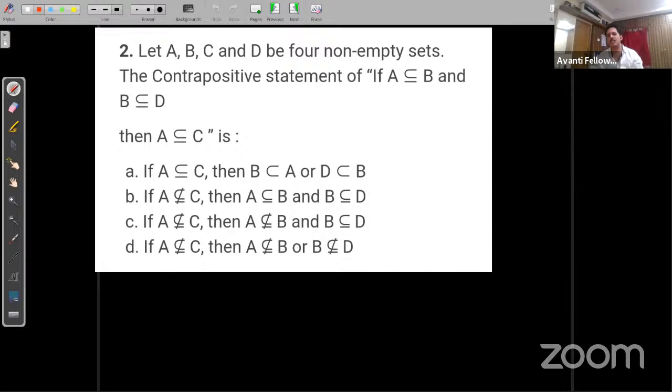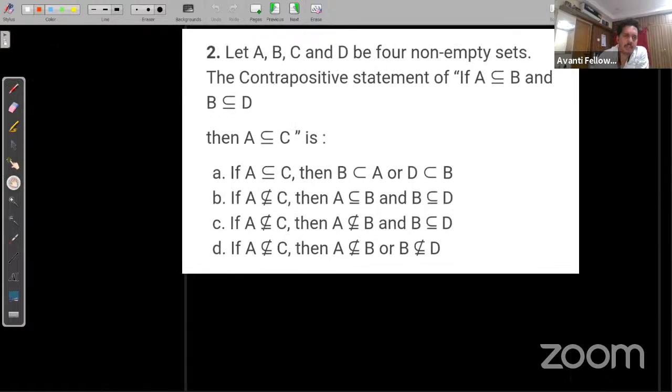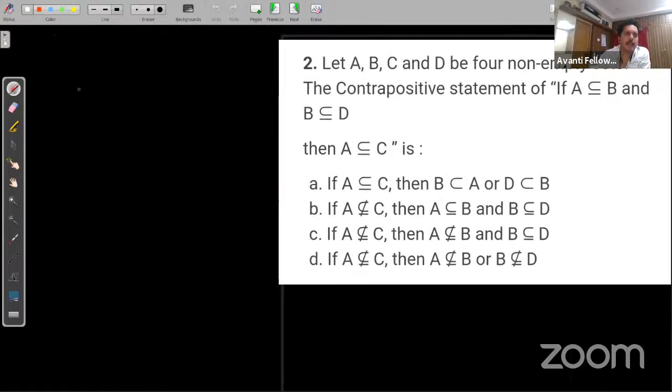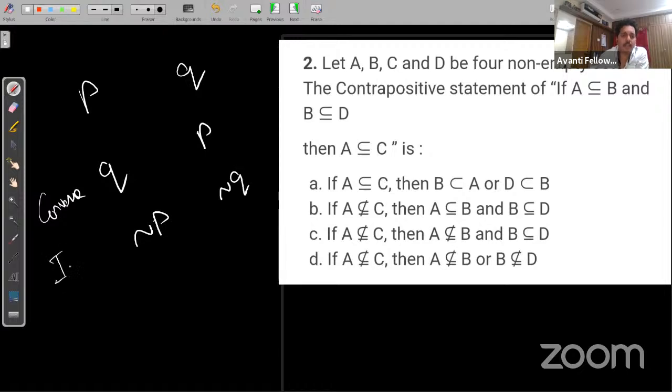Now try to give me the answer. Contra-positive. Yes, I'm telling you what contra-positive is first of all. P and Q is there. If someone is talking about Q and P, then it is called converse. Please remember converse. If someone is talking negation P and negation Q, then it is inverse.